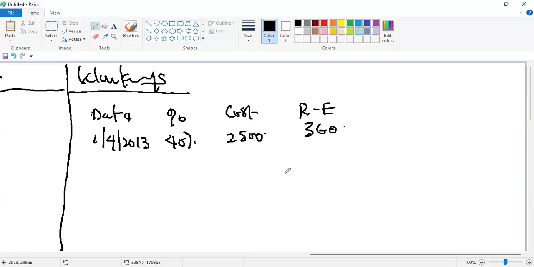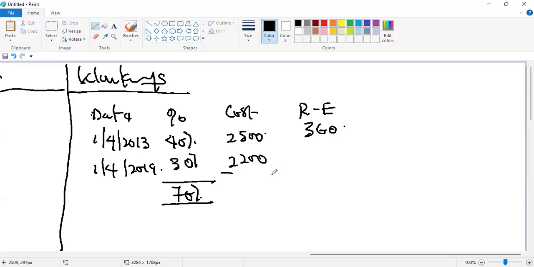Now, additional information one. ETOP Limited acquired a further 30%. He has control now, 70%. A further 30% interest in Lowland on 1st April 2019, for a cash consideration of 2,200.